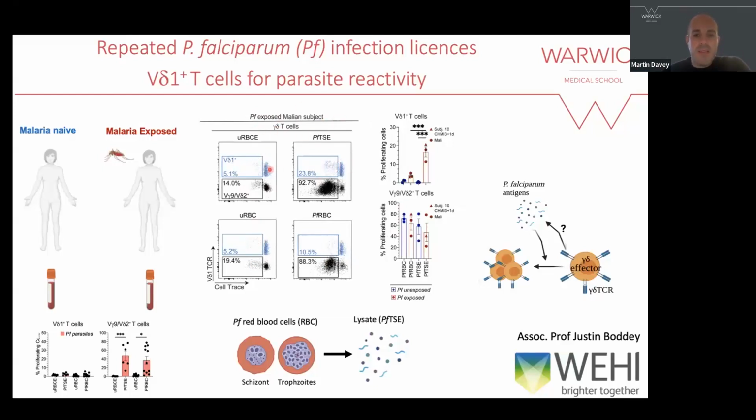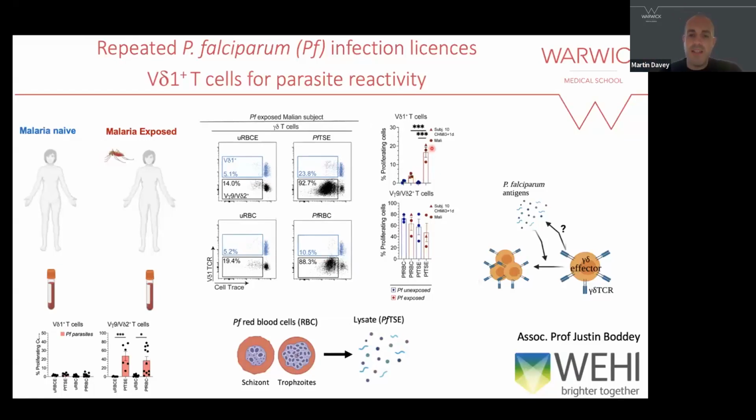And what you can see that's most striking here is that they don't really respond too much to the intact red blood cells, but the V delta 1s did start proliferating in response to the extract. And you can see that the V delta 2s were just expanding to both. We did this over several individuals, and we've actually done a few more of this, and it's holding true.